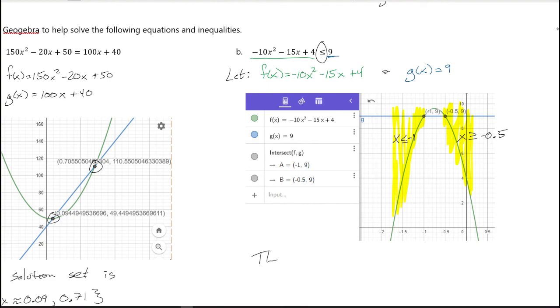So we can say the interval of solutions is from -infinity up to -1 inclusive, along with the numbers greater than or equal to -0.5, so including that up to infinity.